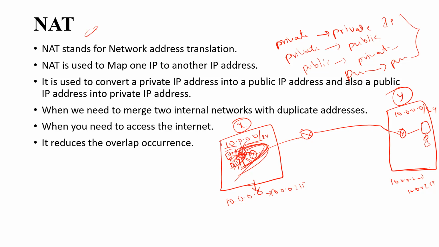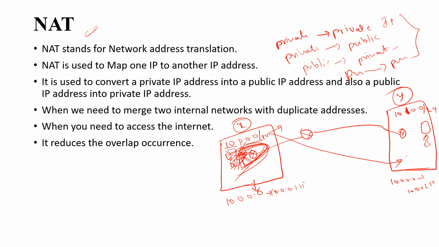Suppose we have 10.1.0.0 only. There is a chance that they will use the same subnet here also. If duplicate subnet addresses are in the two internal networks, then they will map this subnet into some other IP address which is not conflicting, which is not used in this network.